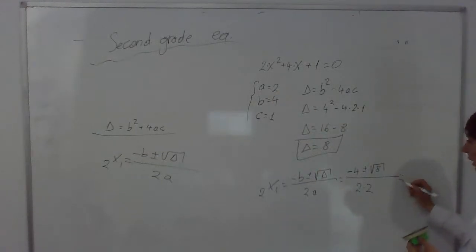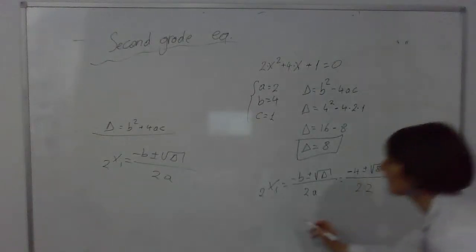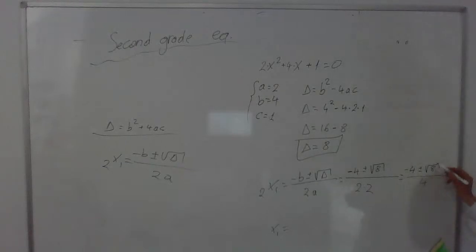So if I keep going, I'd say minus 4 plus minus the square root of 8 over 4. And I can say that x1, if you want, you can write the square root of 8 like 4 times 2. That gives me 8. And I can write it as the square root of 4 times the square root of 2.